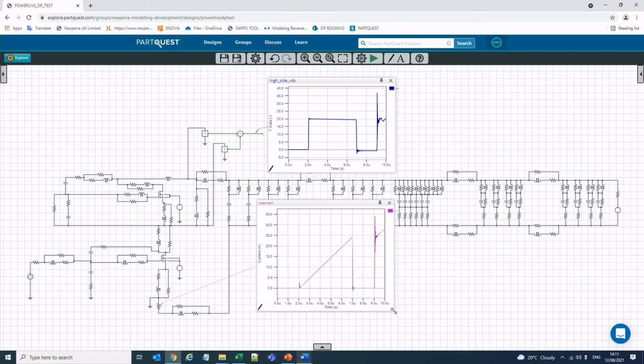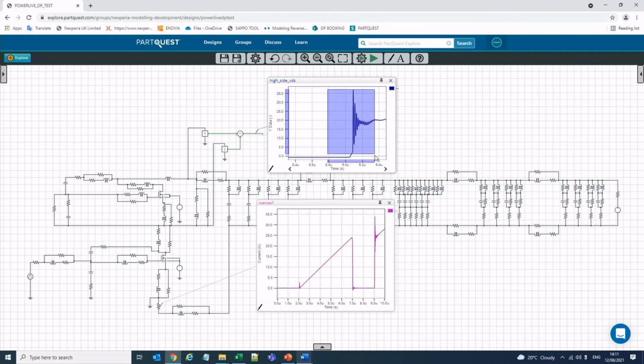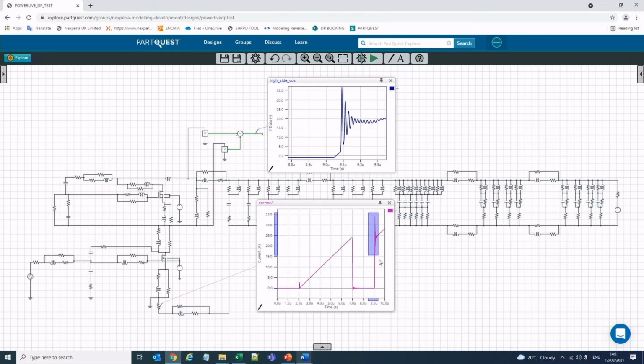As we saw in the double pulse measurement, we are interested in the second turn on event, which is this bit. Here we can see the high side VDS waveform oscillating, as in the measurement, at something around 36 volts. And here we can see the current waveform.